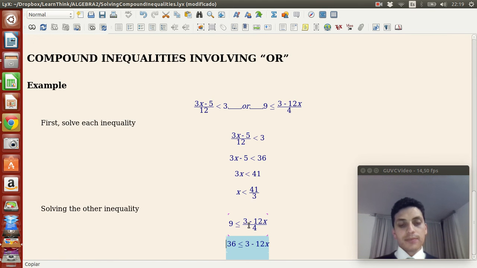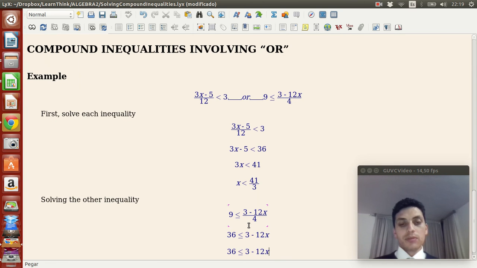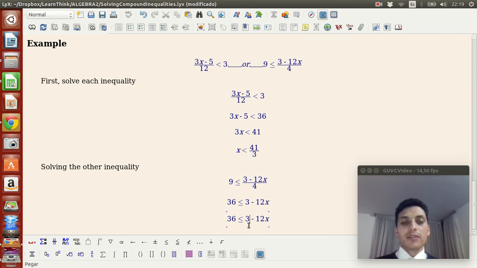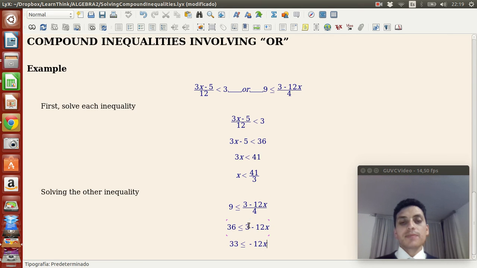What is the next step to solve? Of course, subtract 3. 36 minus 3 is 33. 33 less than or equal to minus 12x.